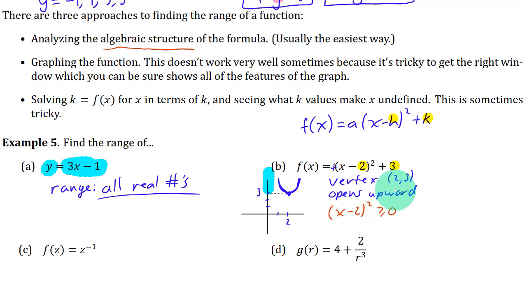If you add 3 to that, you'll see that (x minus 2) squared plus 3 is always greater than or equal to 3. So no matter what x is, the f of x values are always greater than or equal to 3. That includes 3, because you'll get 3 when you plug in x equals 2.